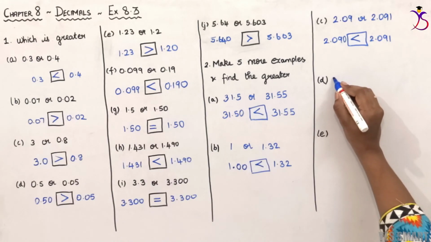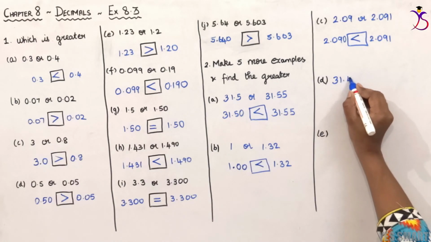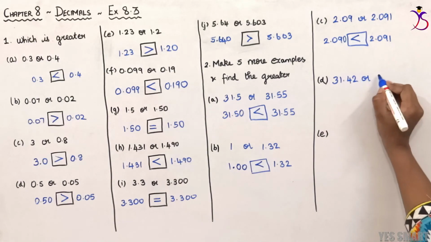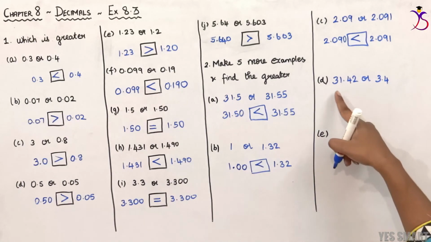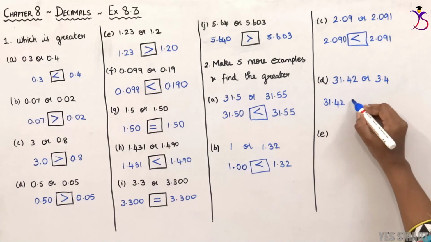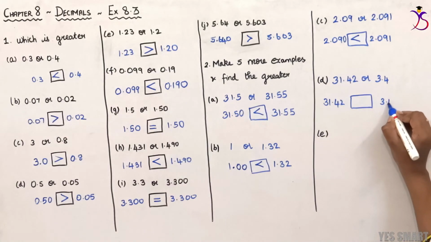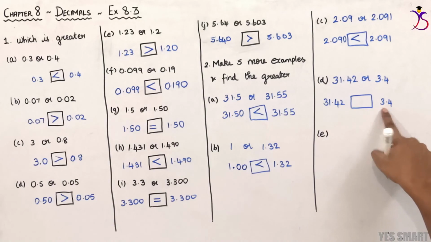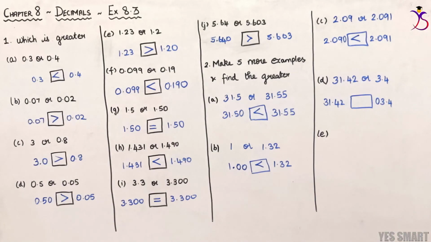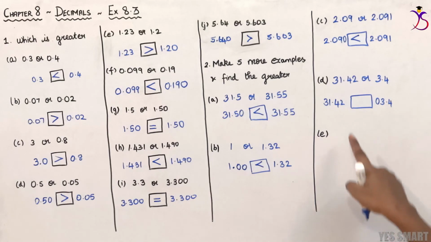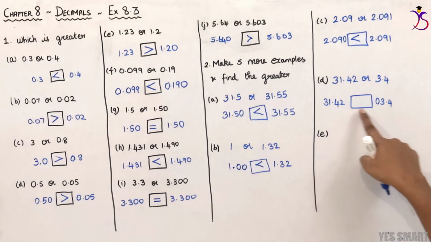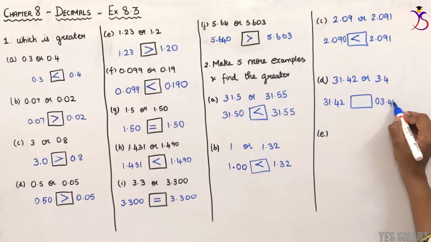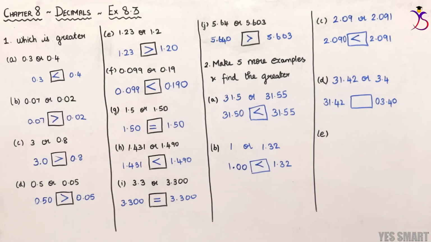The next sum. Let's take the example of 31.42 or 3.4. Let's add some zeros to 3.4 so that both the values become like decimals. 31.42. Here we have 3.4. Let's add 0 in front of 3 as well as following the 4 so that the whole part and the decimal part both have an equal number of digits. So let's compare the whole part.